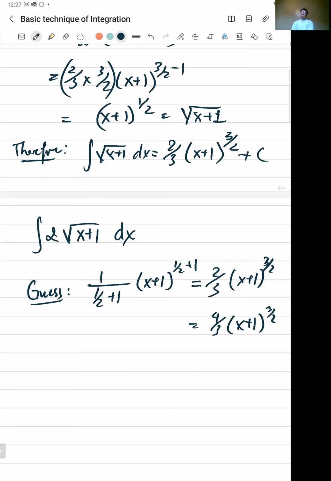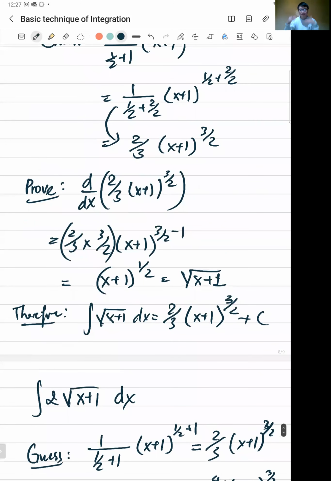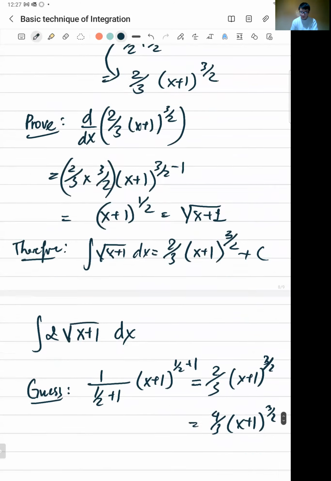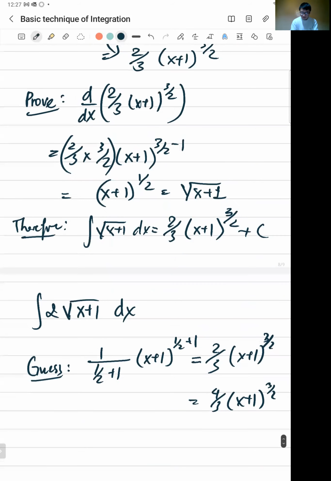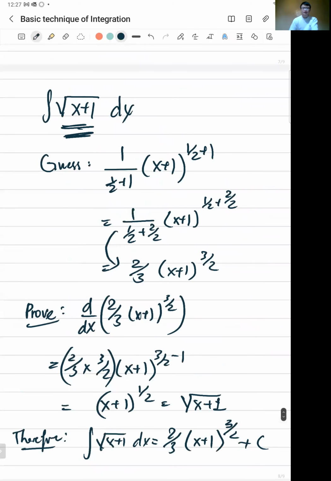So basically what I'm trying to do is find a way to think of the equation. I don't think this one is a good example at all, but I hope I will find a better one in the problem. I will post it in the description. But again, what I'm trying to do is guess an equation so that when it differentiates, it gets the equation as the integrand.